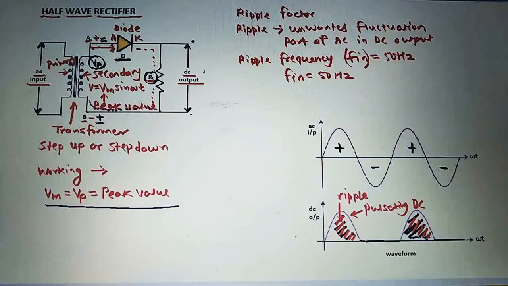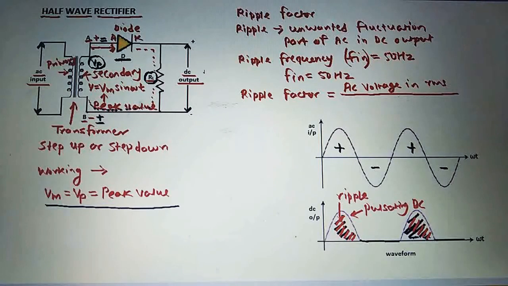So what is ripple factor? Ripple factor is the ratio of the RMS value of AC, that means the AC voltage in RMS, to the DC voltage, that means DC output voltage.